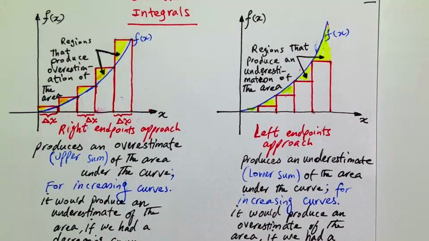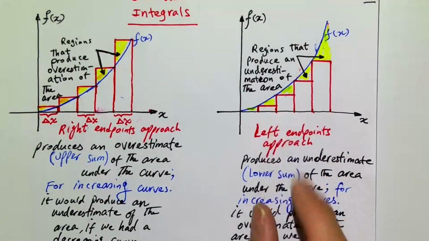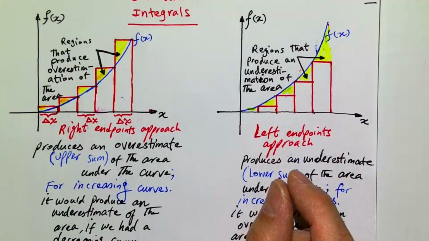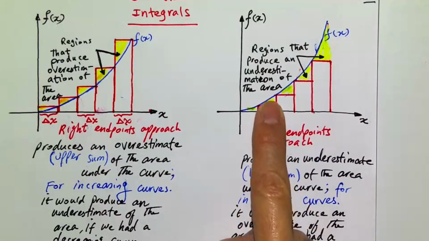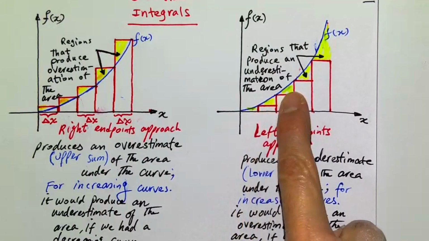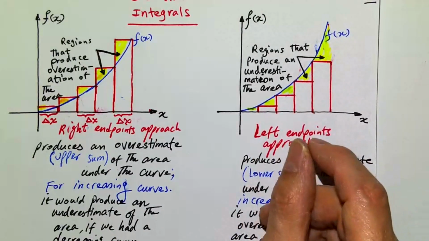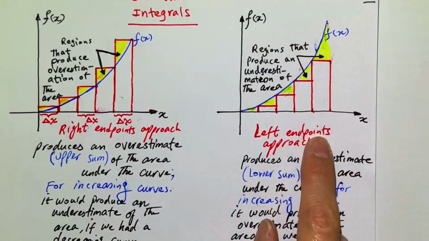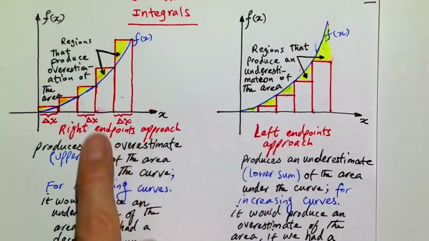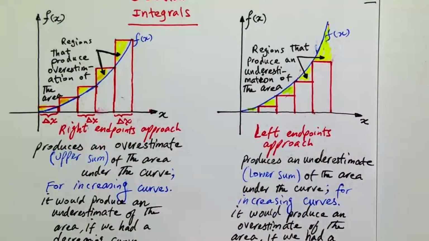Now that would increase the accuracy, right? If the width of each of these rectangles was infinitely small, then we would have infinitely many rectangles under this curve, and therefore these wasted spaces would be adequately captured in each rectangle, here as well as here.